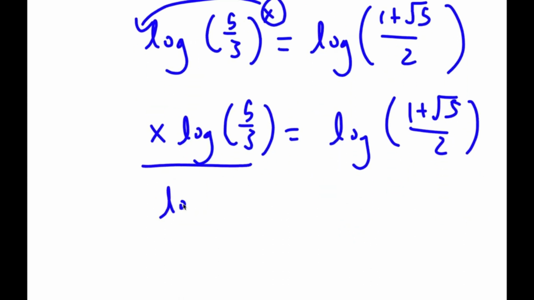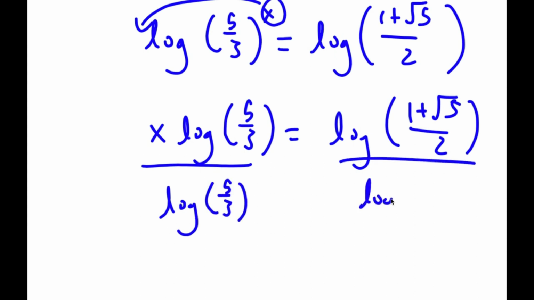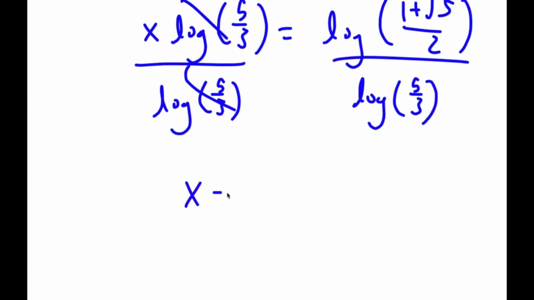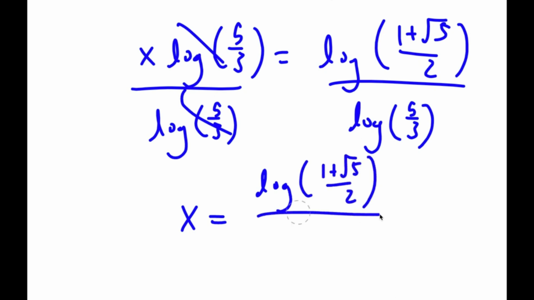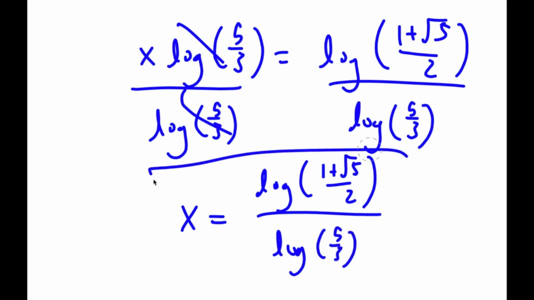Now if I divide both sides by log 5 over 3, these two cancel out, and I'll be left with x is equal to log 1 plus the square root of 5 over 2 over log 5 over 3.